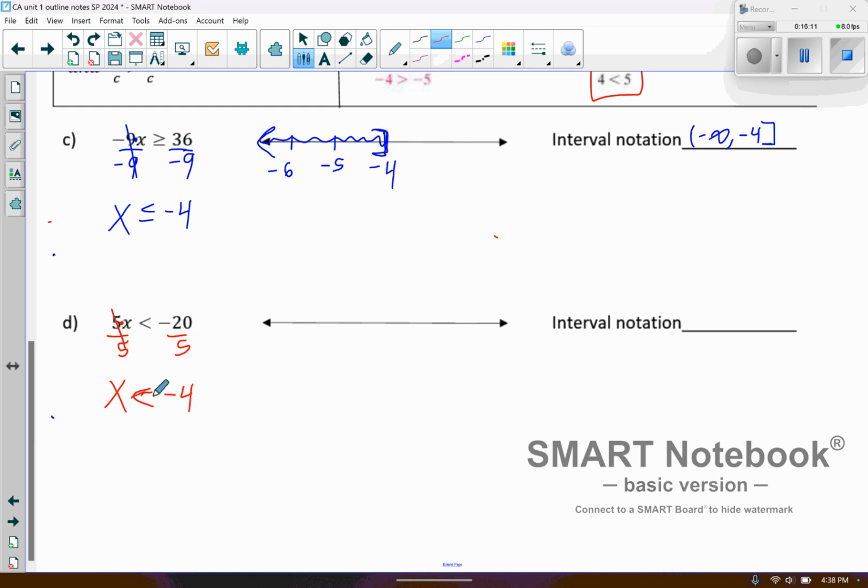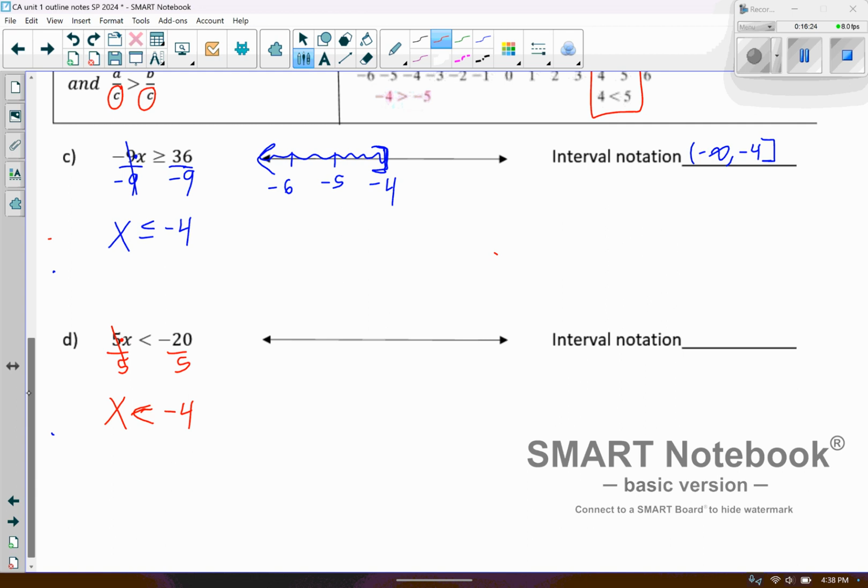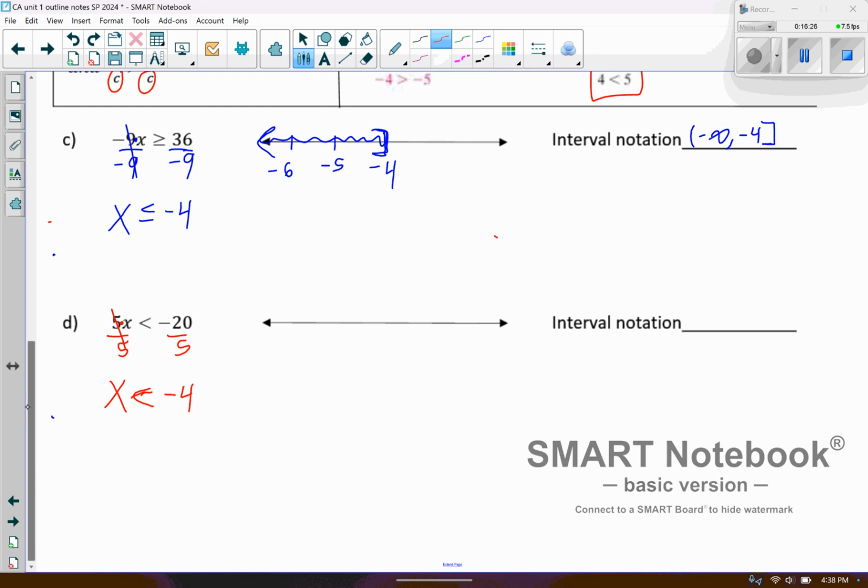So in this case, do not reverse the direction, because my divisor, if you look up here, has to be negative, and in this case, I'm actually dividing by +5. So just be careful. So let's see, x is less than -4. Well, that's interesting. It's actually pretty much identical to the one up above.